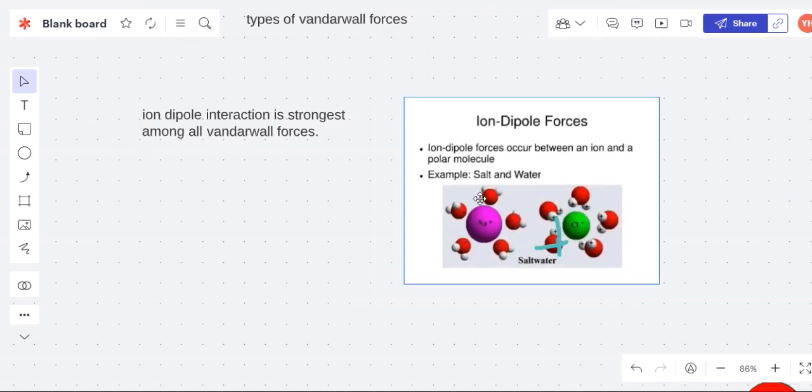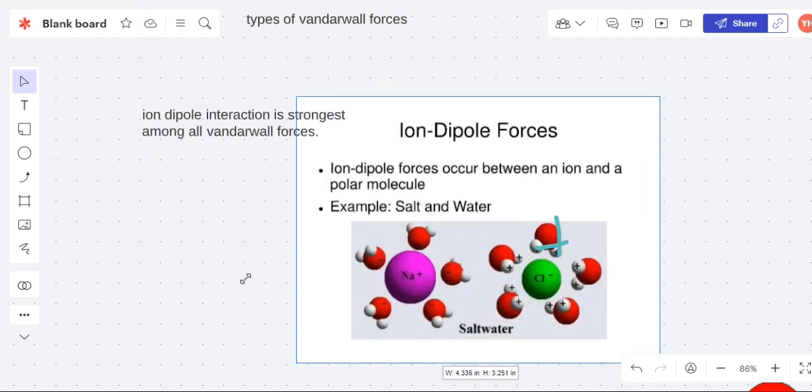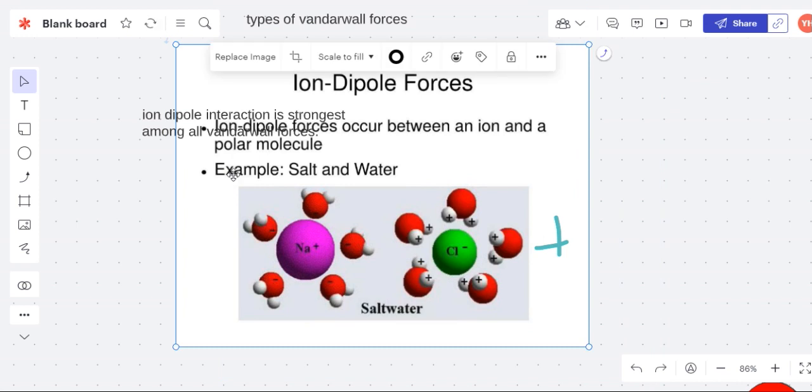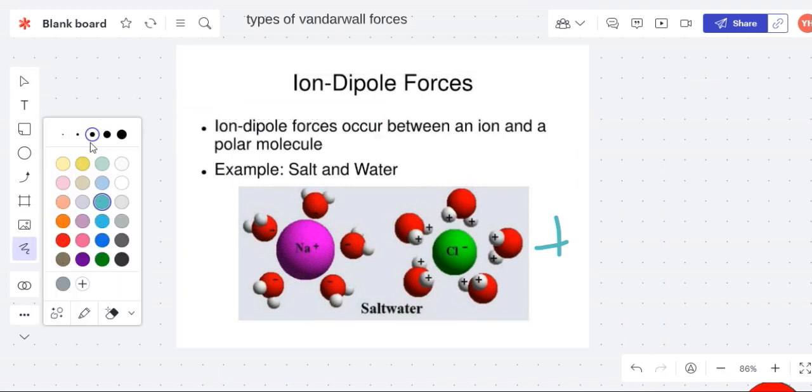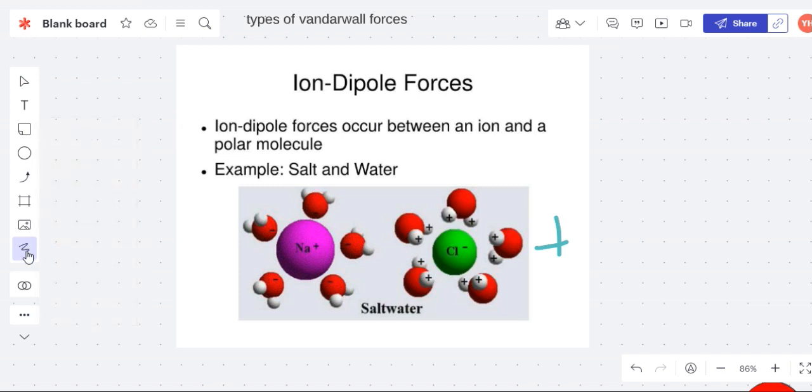Let's bring this picture here and let me explain with its help. Let's increase the size of the picture. Let me take an example from this. This is sodium. It has a positive charge. This is oxygen, negative, negative. This oxygen's negative charge attracts the positive, and the negative attracts the positive. This is hydrogen, so it gets a partial positive charge.